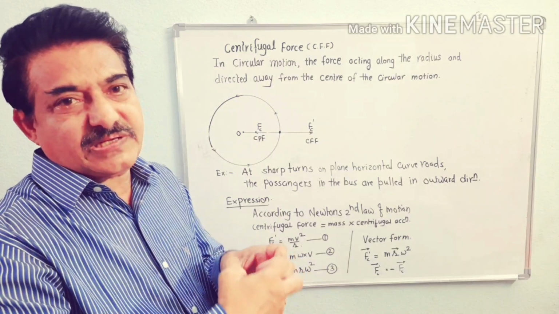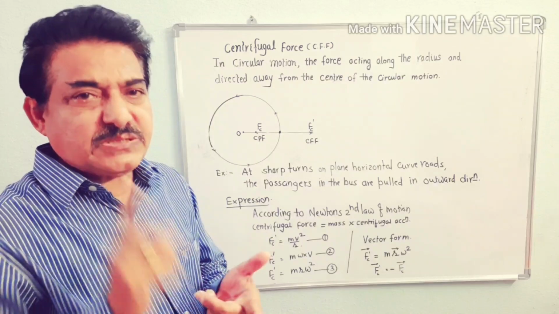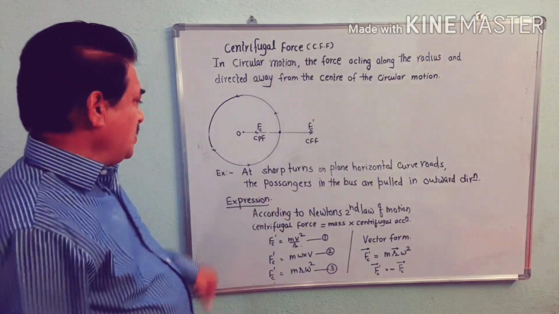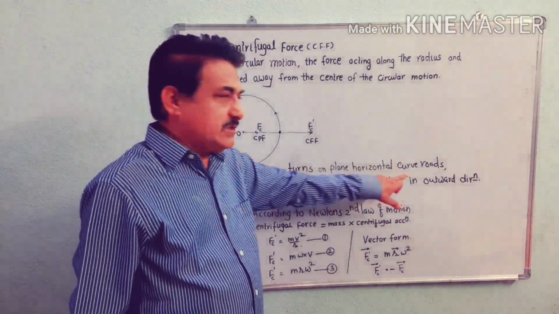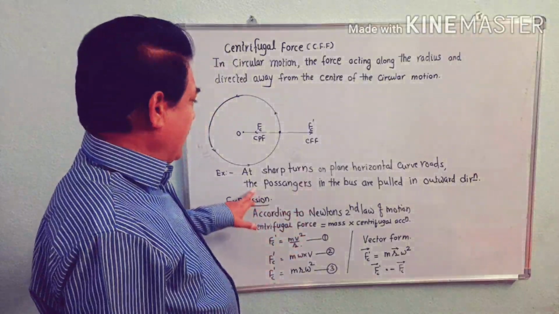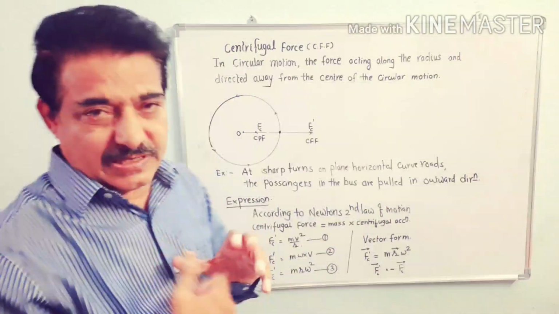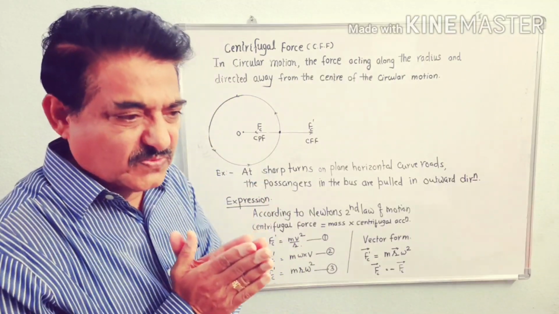The passengers are pulled in outward direction due to the presence of centrifugal force only. So at sharp turns on plain horizontal curved roads, the passengers in the bus are pulled in outward direction. So that force is a centrifugal force.